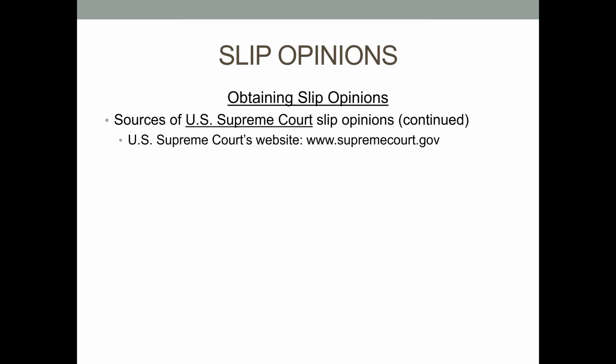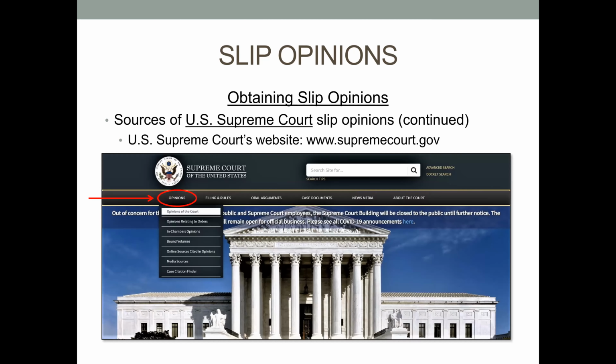Now, I want to show you here what the U.S. Supreme Court's homepage looks like. This is what it looked like at the time I created the screen capture. So it's always subject to change. But here it is, and you can see that toward the top of the screen, there's a set of menus. One of the options is opinions, filing and rules, and so forth.